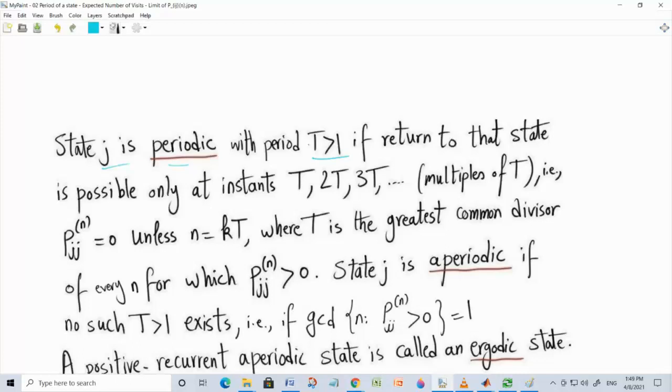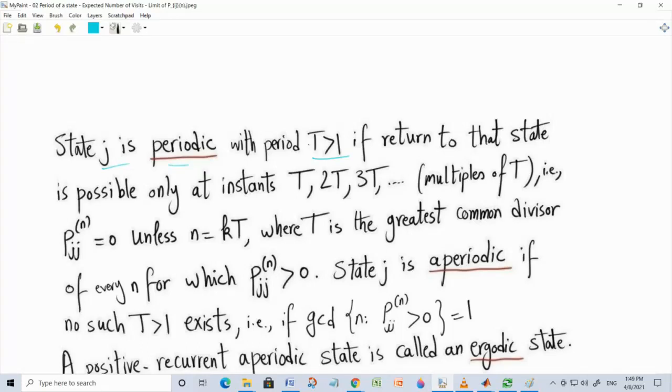We say that the state is periodic with a period 2 if, starting from that state, you can possibly be in that state again only at time instances 2, 4, 6, 8, and so on. So basically this is the definition of a periodic state with a period.